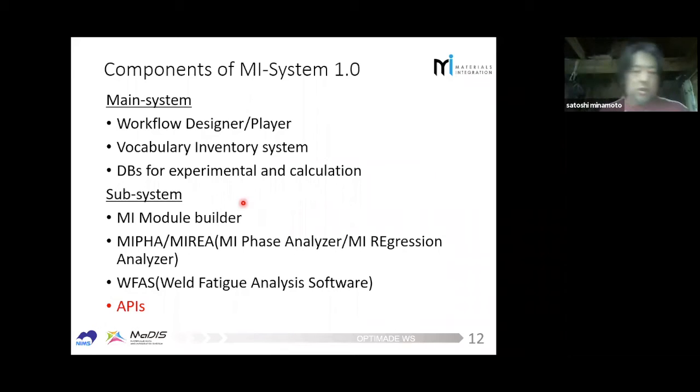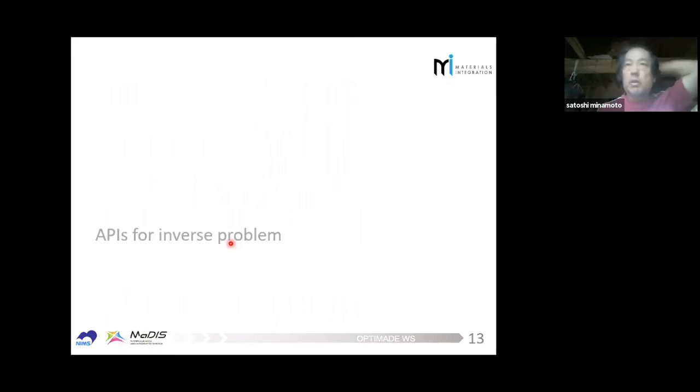For example, the machine learning regression program for our system, or a specific program for the weld-joint fatigue life analysis, something like that. And we built the APIs in order to help the big calculation for the users.